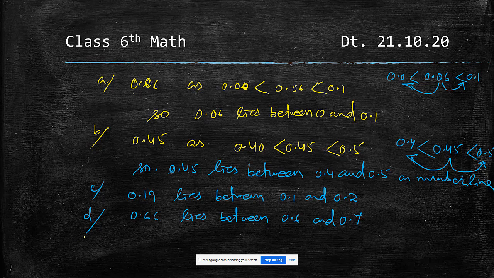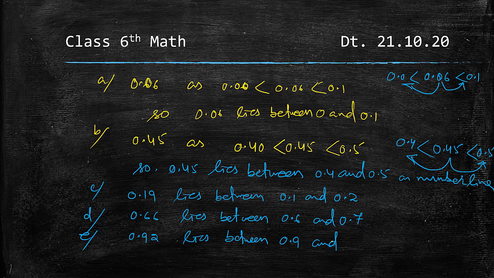No. Next, 0.92 lies between 0.9 and what will be the next number of 0.9? It is 1.0. Then 0.57 lies between 0.5 and 0.6.